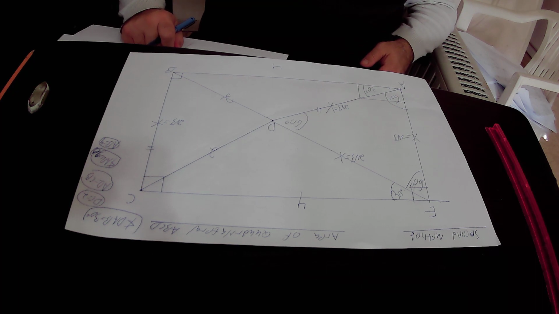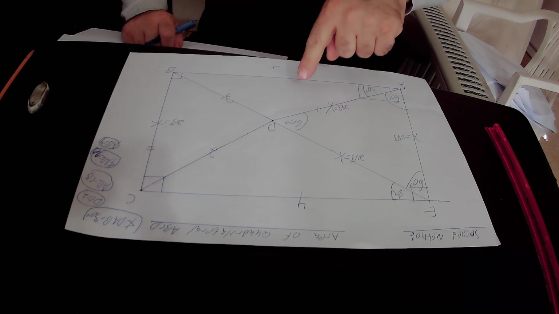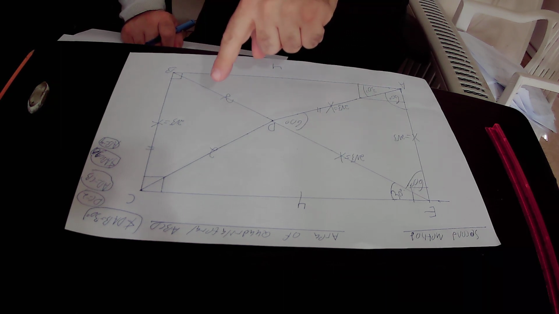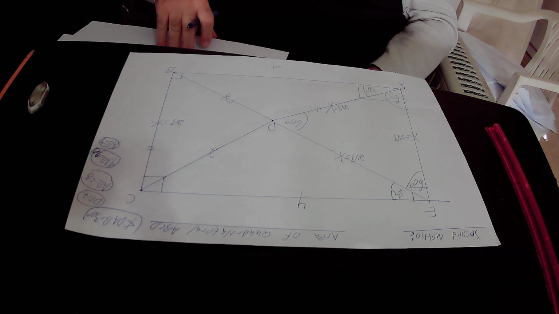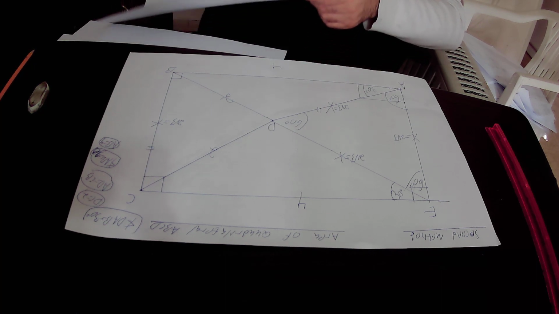So now we can calculate the area of quadrilateral ABCD. The area of quadrilateral ABCD will be equal to the area of triangle ADB plus the area of triangle BDC. I will write it down.